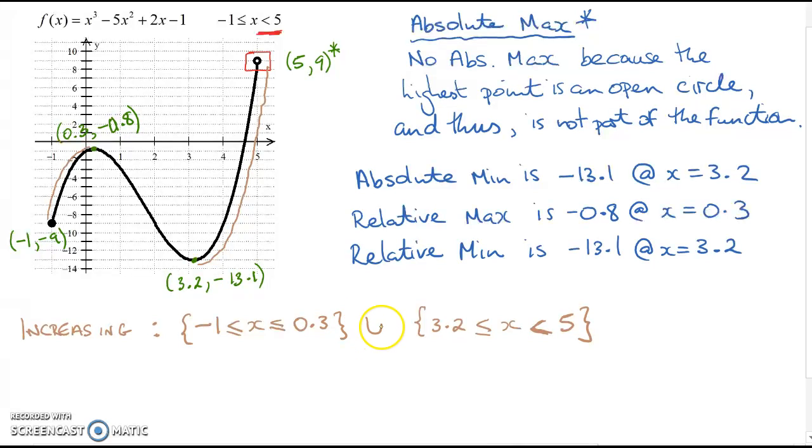Okay, again, just like we did in the previous example, join those with the union sign. We can look as well at where this graph is decreasing, but there is nothing new in the decreasing part of this, so we'll just do it here.